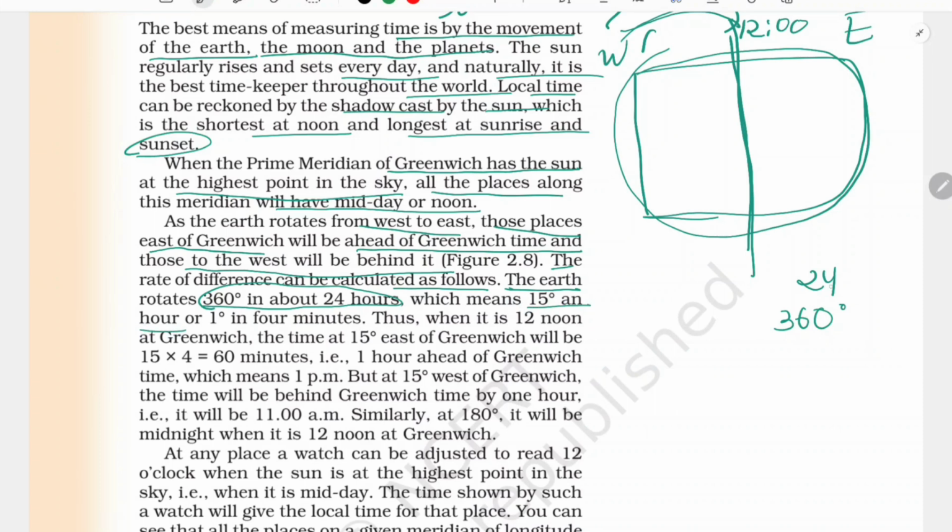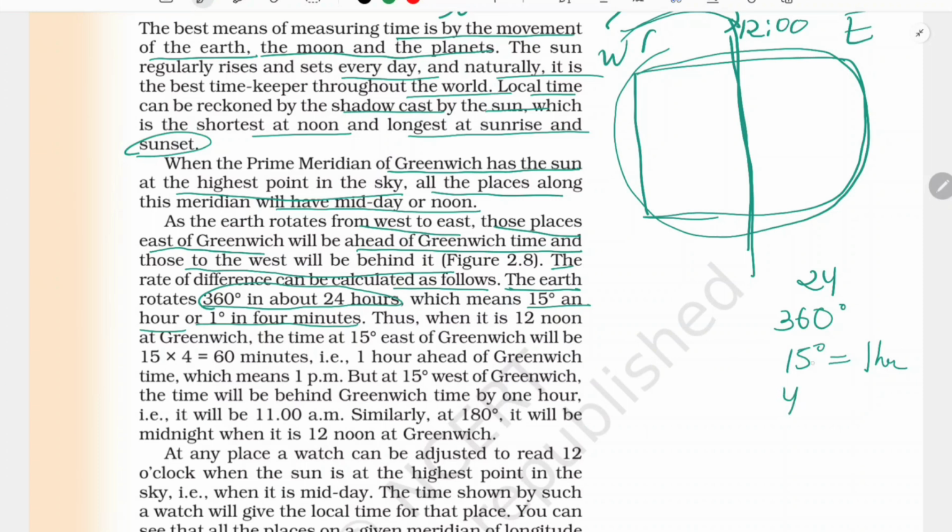When we divide 360 by 24, what do we get? We get 15, isn't it? So 15 degrees in 1 hour, and 1 degree in 4 minutes. If we divide 15 degrees, we again get 4 minutes.